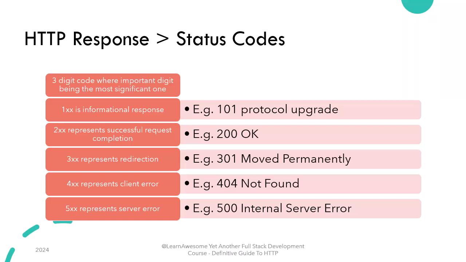For example, 101 means a protocol upgrade, like going from the 1.1 version of HTTP to the 2.0 version. 2XX status codes represent successful request completion, like 200, which means the request successfully completed. 3XX means redirection. For example, a page that you requested has been moved to another path, so you would instead receive a 301 Moved Permanently response.